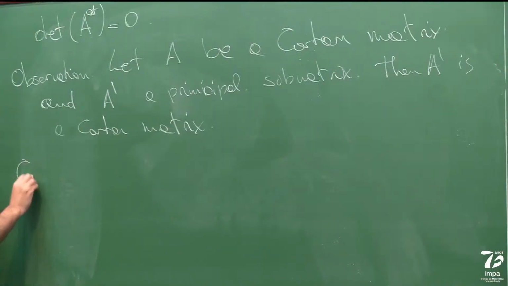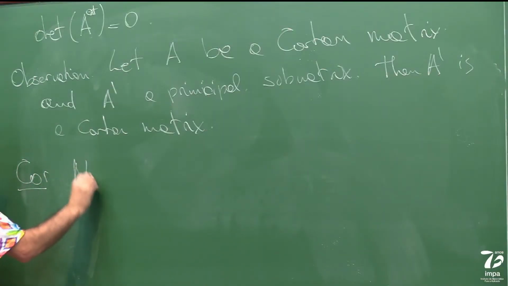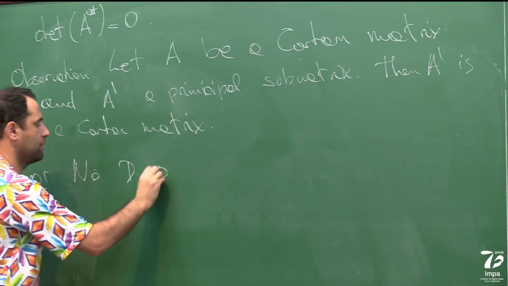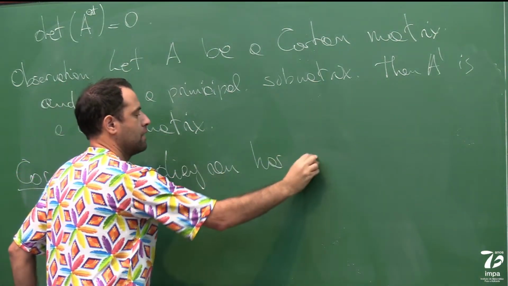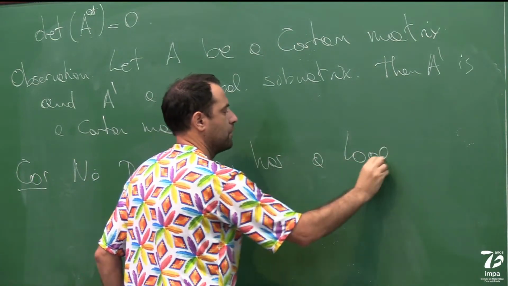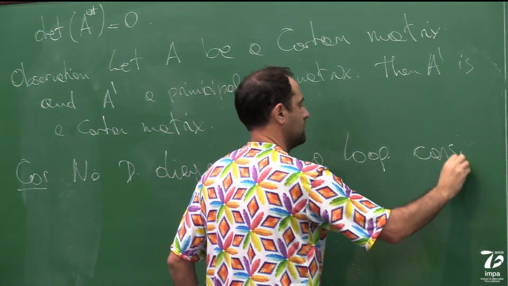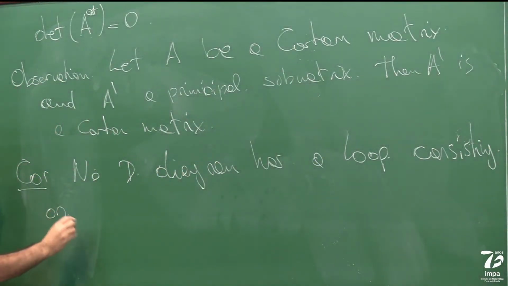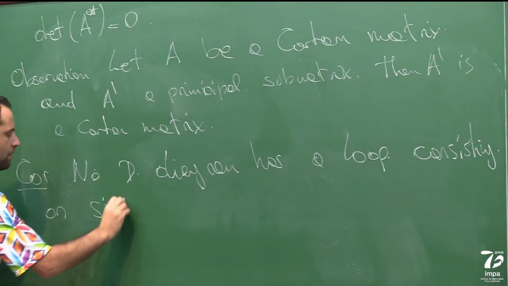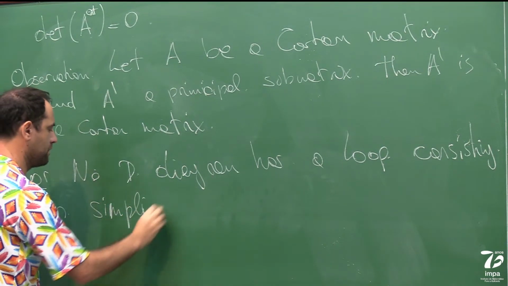So as a corollary of this, no Dynkin diagram has a loop consisting of simply connected nodes.